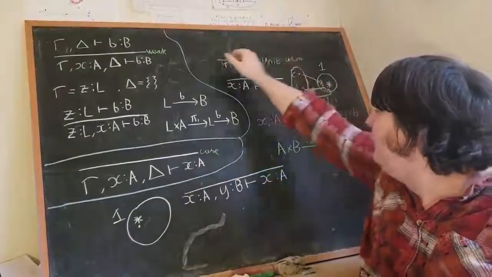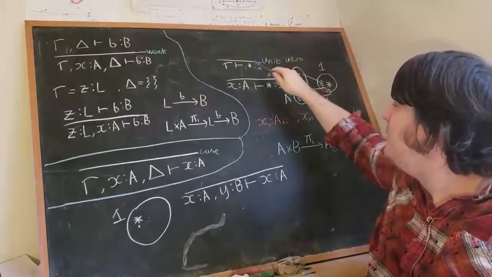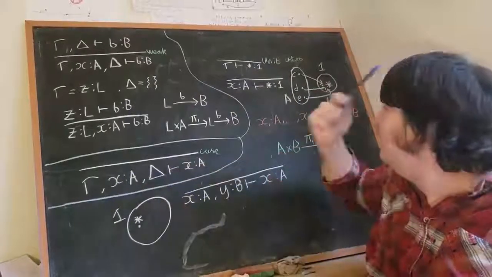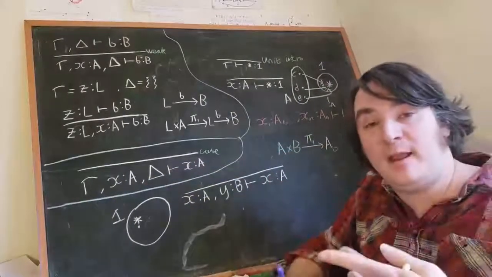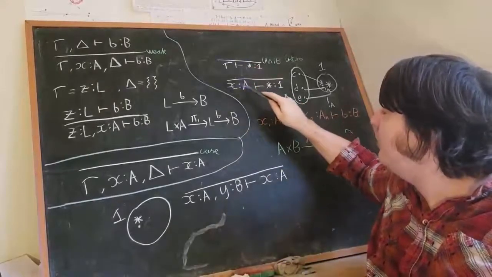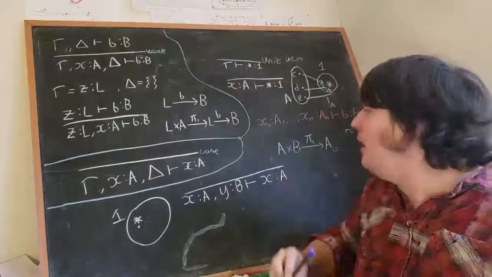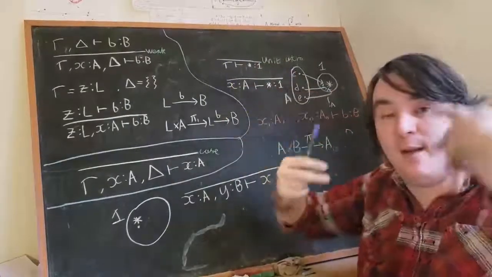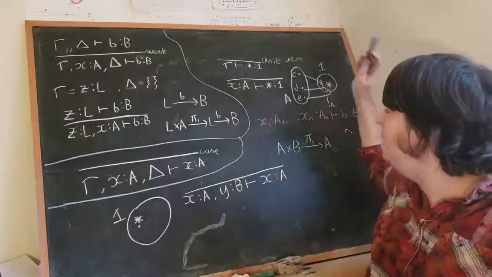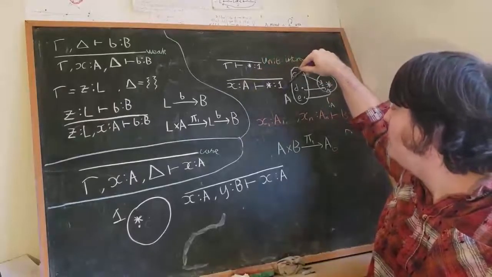In terms of set theory, what this is basically saying is that we can always produce a value star of type 1. But let's look at a specific example. So let's take gamma here to be this value x of type A. So this is a special case of this. And in this case, if we think about this set theoretically, what this is telling us is that we have a function from A to 1.